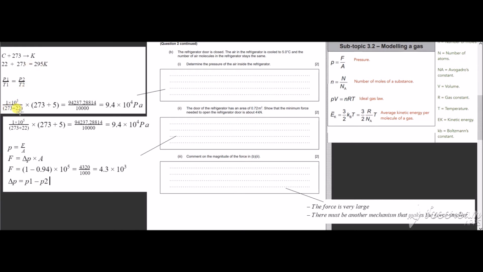In the question they're asking us to find the second pressure, so we move the second temperature to the other side, and it will be multiplied by whatever value we have here. T2 will be 273 plus 5, as they've given us the second temperature right here.